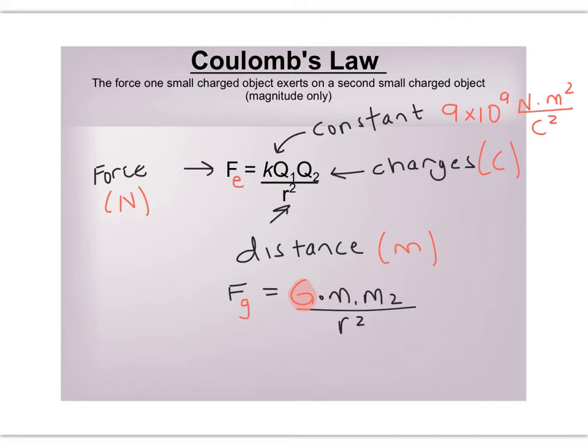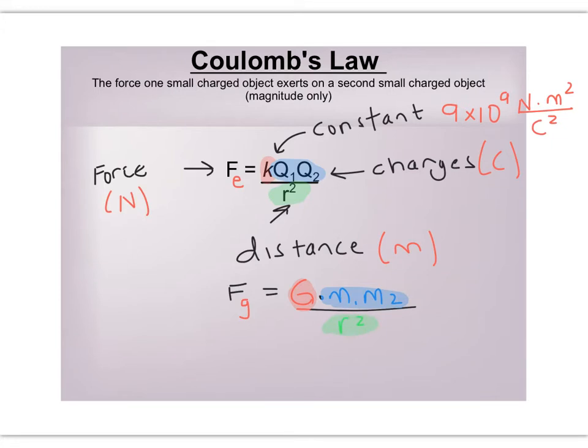There's the constant k for the force between electric charges, and in the gravitational equation there's the product of the masses, m1 times m2, where in the electric force equation there's the product of the charges, q1, q2, and then it's divided by the distance between the objects squared, r squared.